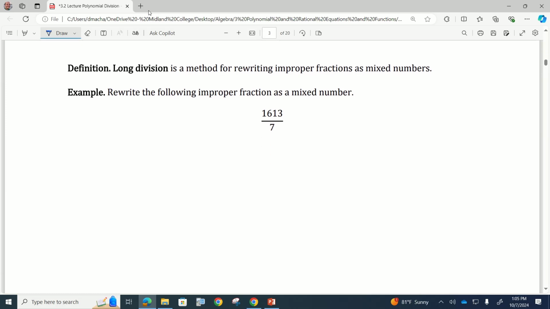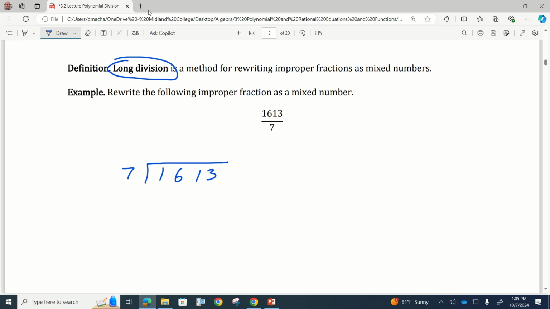And we next talked about long division. We said long division is a method for rewriting improper fractions as mixed numbers. And we do this if we can't tell just by looking at it what mixed number this is going to end up being. So we want to divide 1,613 by 7.